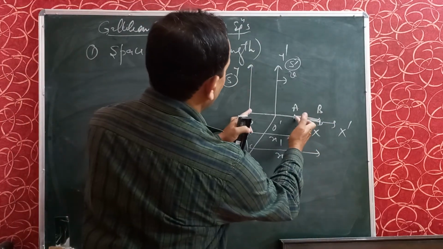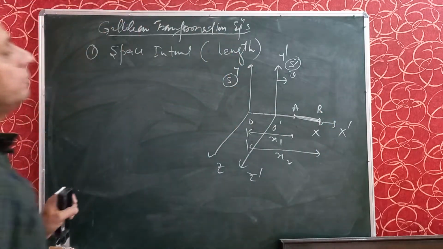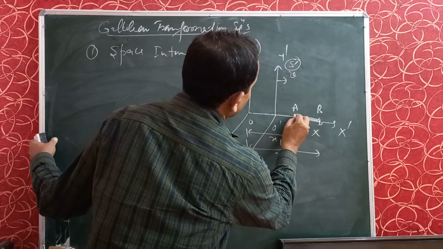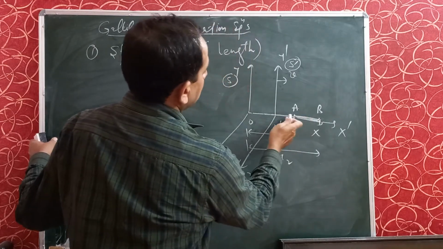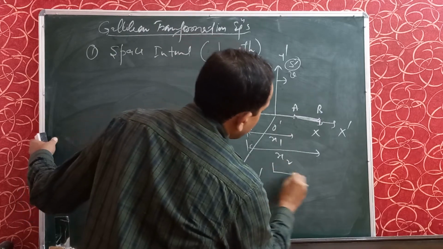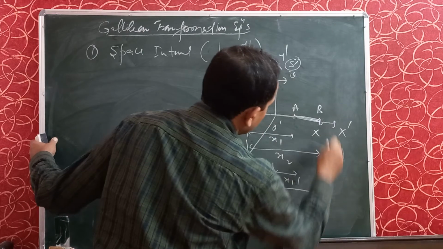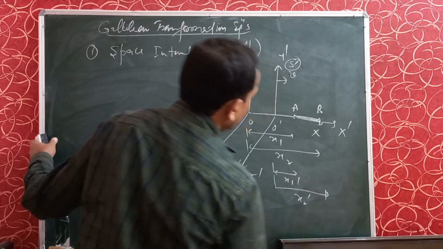The distance of A point is x1 and of B point is x2 from S frame. And similarly, the distance of point A from S dash frame is x1 dash, and of B is x2 dash.